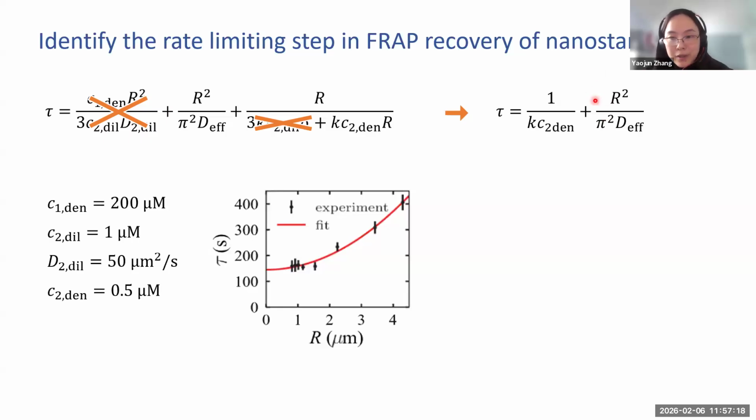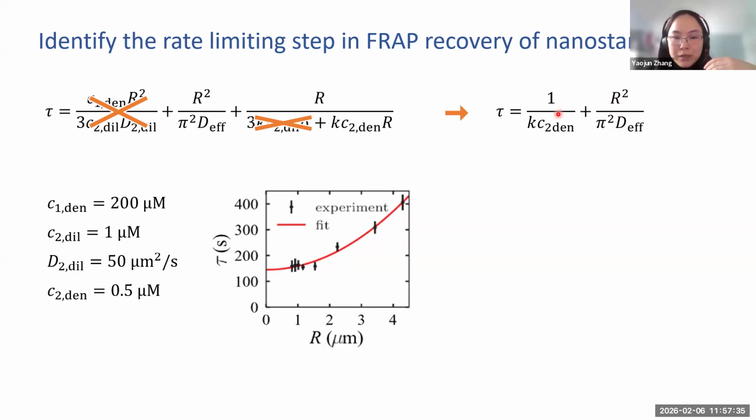So let's think about it like this: the constant actually comes from the case when this term dominates. What does it mean? It means that the dense phase diffusion is faster, right?